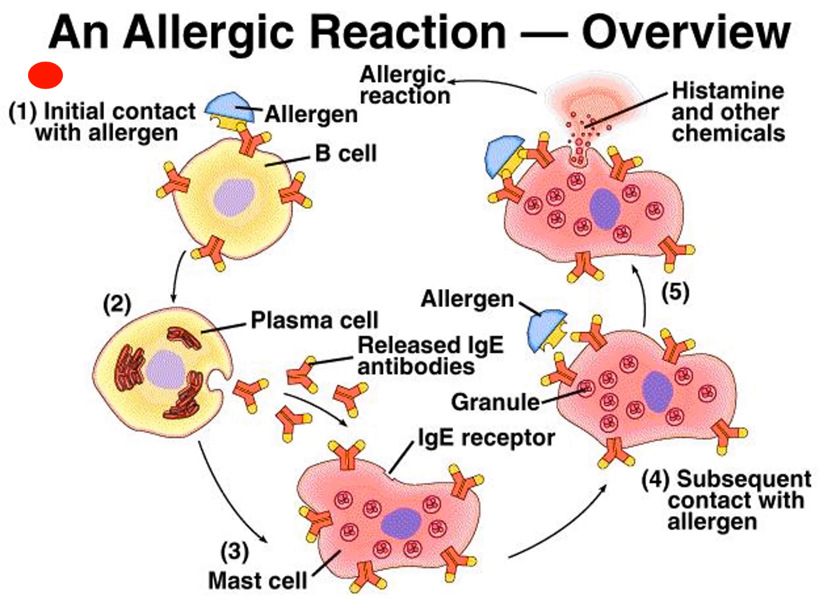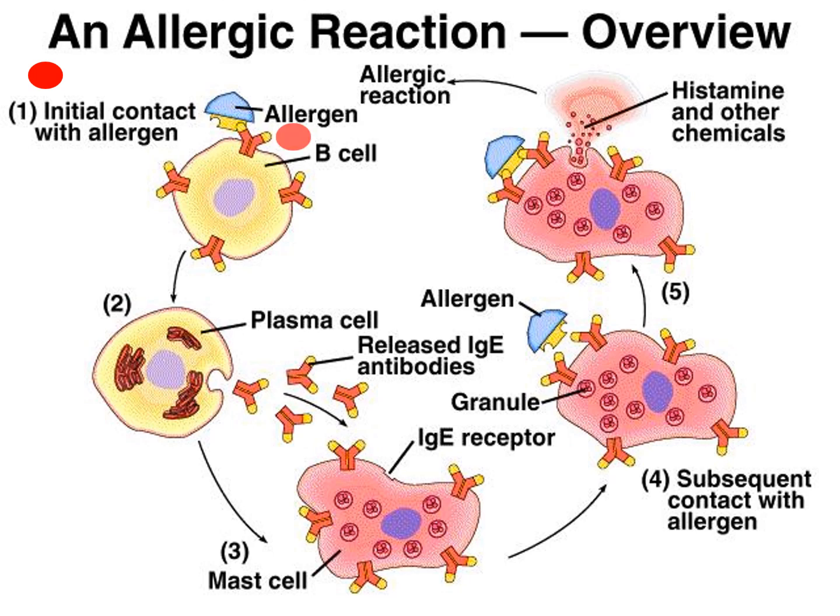If we weren't in the allergic reaction discussion, this would be called an antigen. It's just a protein either way. Here we're going to call it an allergen because as we mature and become a plasma cell, we're going to release IgE antibodies.